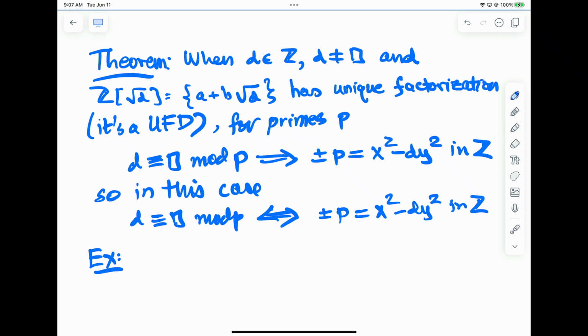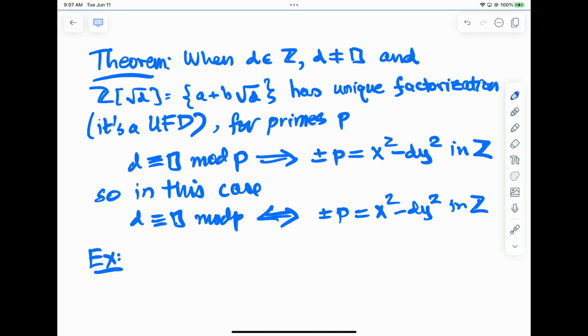for which d do you know that Z[√d] has unique factorization? Your first go-to answer is 3. Okay? Is that the first one you ever saw? Z[√3] has unique factorization?